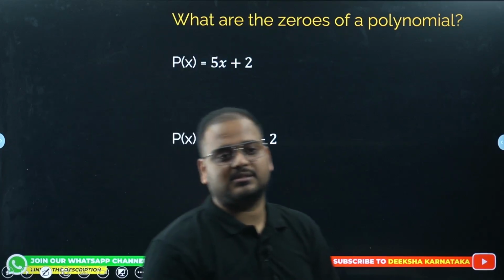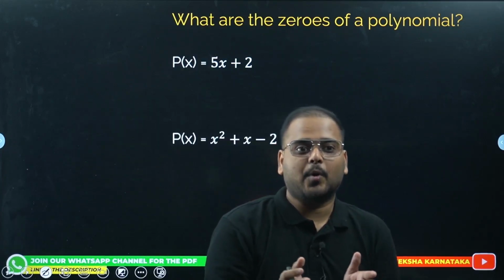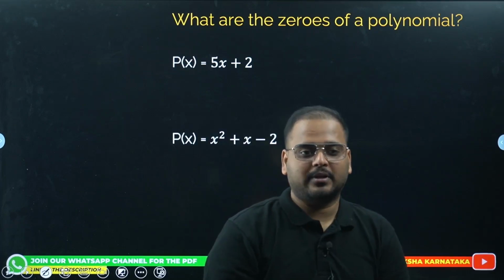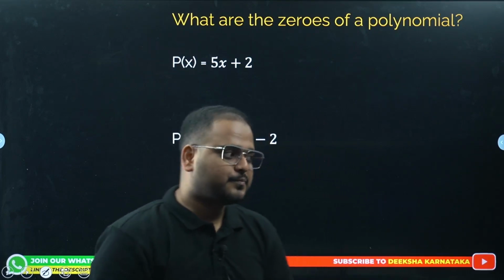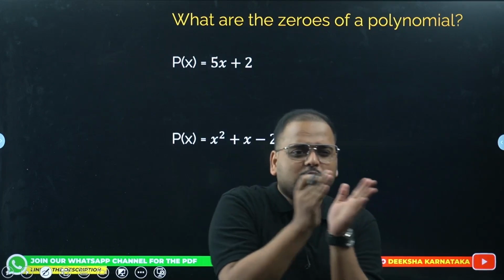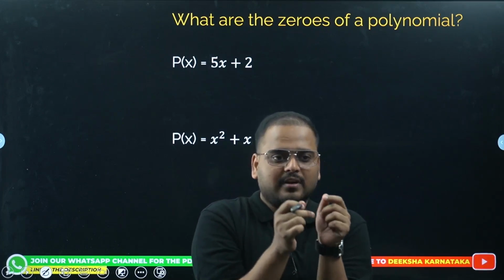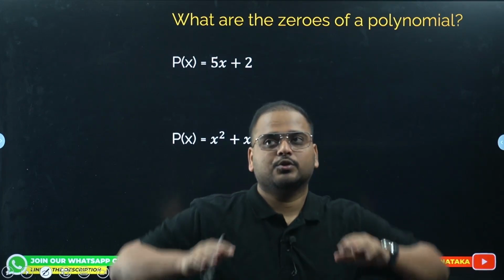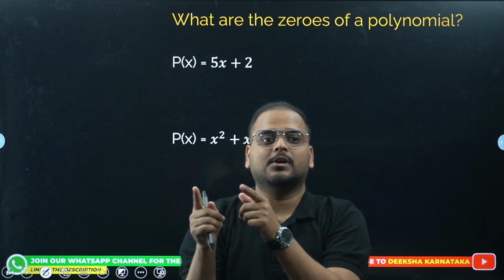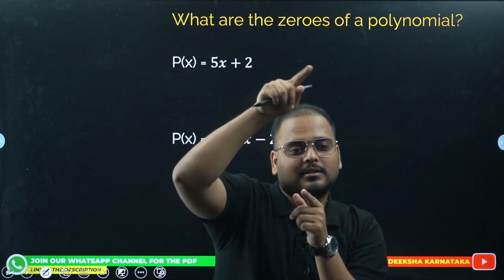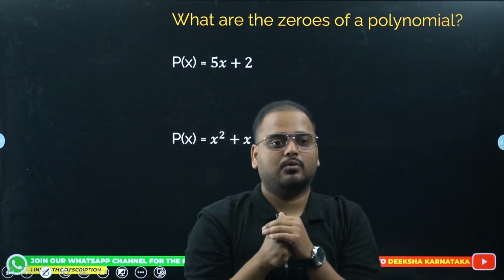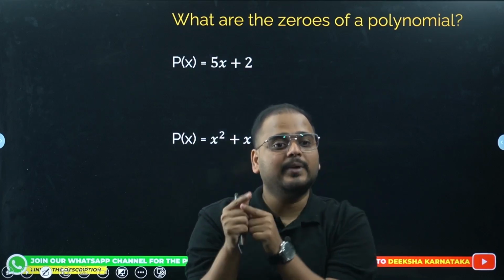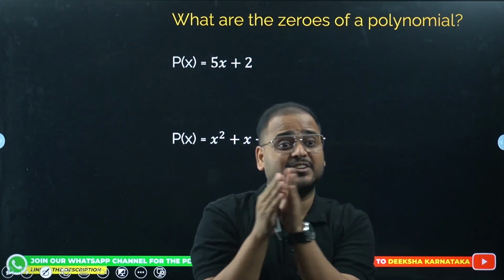Now this is something important to understand. Zero of a polynomial. What is the zero of a polynomial? We learned right now what is the value of the polynomial, right? So out of one of those values, we'll call that value the zero. Sir, but what will that value be? Is there any significant definition of it?